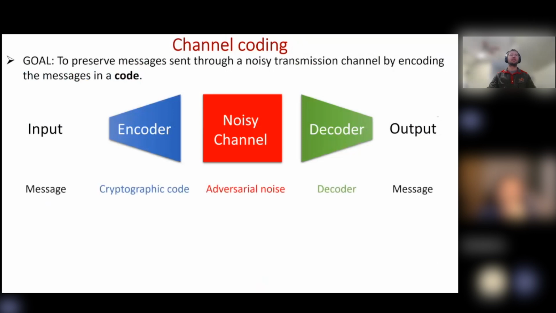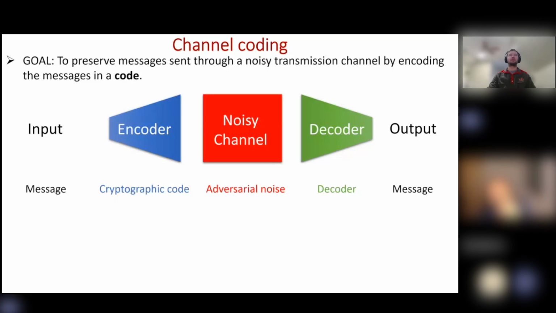Once again, one is the kind of cryptographic channel coding, and there the noise channel is what I call adversarial, which is basically an evil eavesdropper who has human-like resources, who can try to access your message.